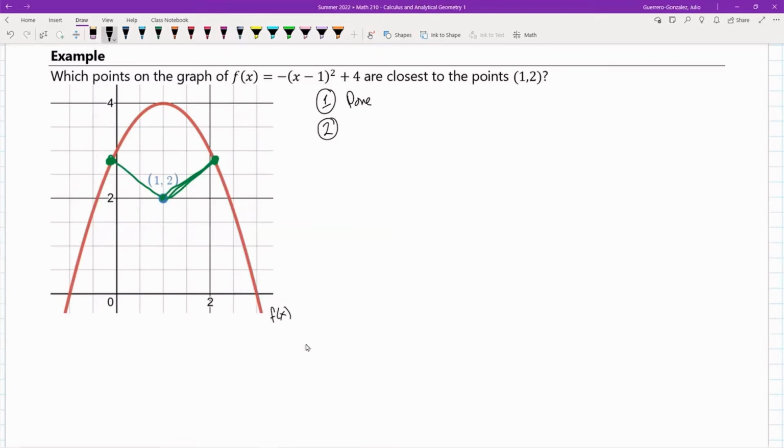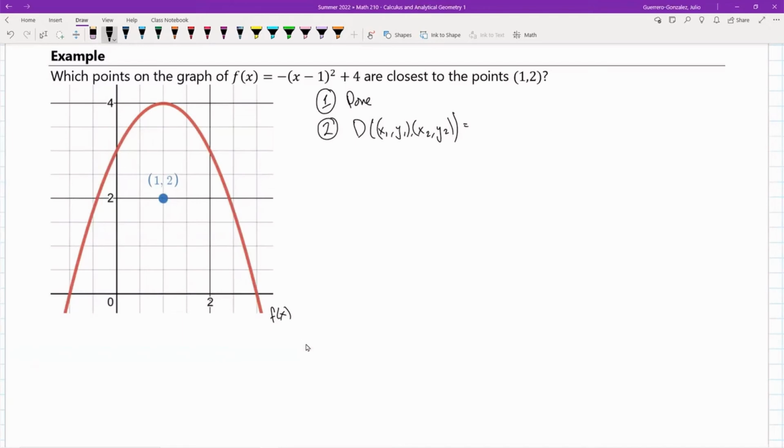Okay. One of the equations that I'm going to have to pull out from your geometry days is this one. Let's say you had a point x1, y1, and another point x2, y2, right?